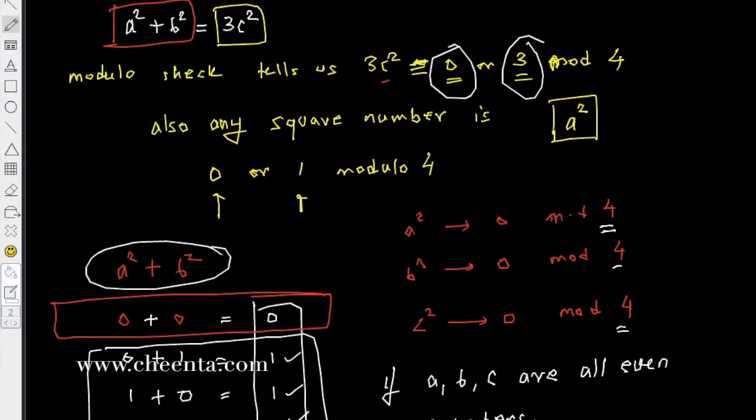But you can quickly realize that that case can also be taken care of. Why? Because if a, b, c are all even numbers, we can divide each of them by 2 or some power of 2. And eventually, if we divide a, b and c by large enough powers of 2, then one of them will be odd.